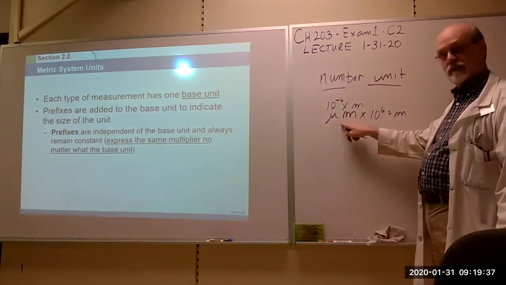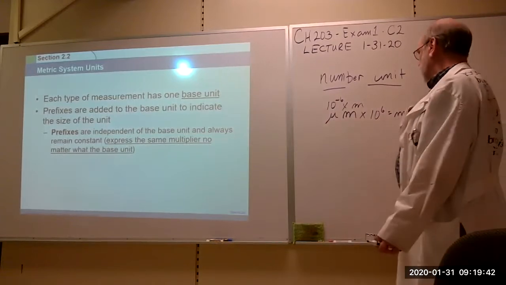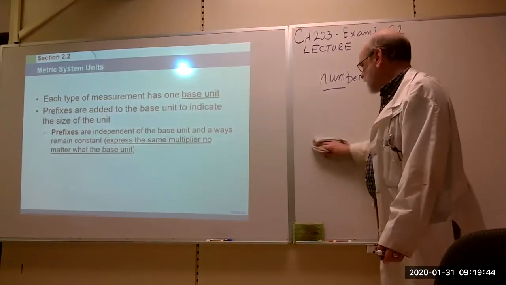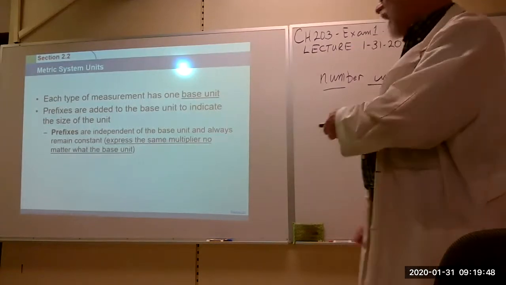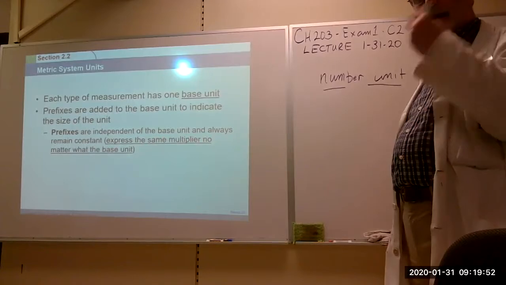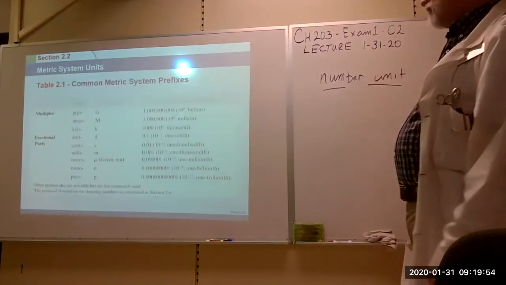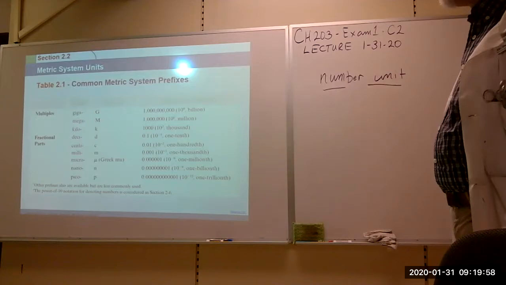Because it's so small. But each of these prefixes has a value that has to be multiplied by the base unit. Okay, so let's look at some of these multipliers.